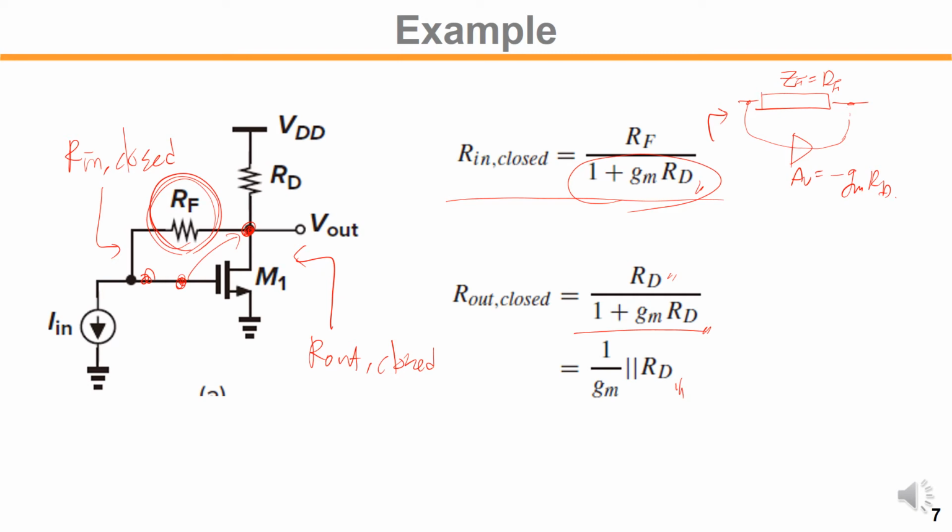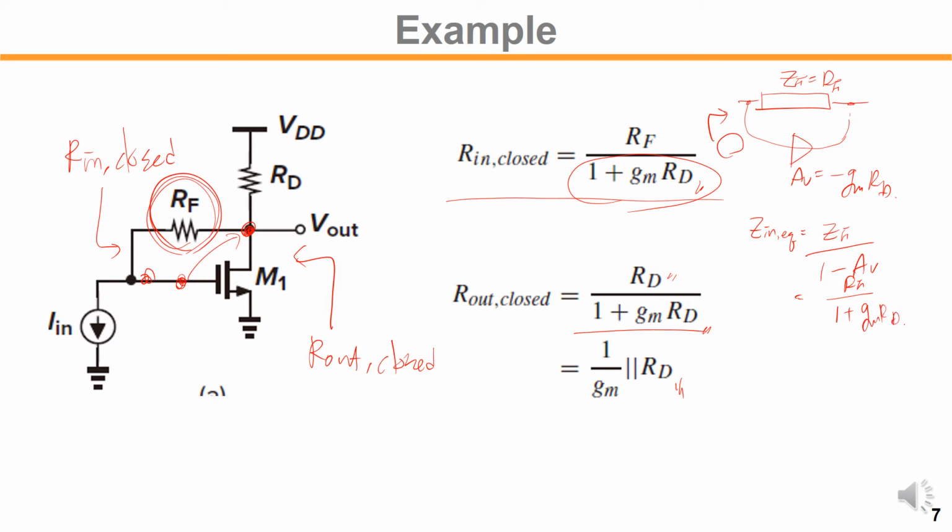For simple derivation, I'm just going to derive the first, the input closed loop response here. Overall G in equivalent is GF times 1 minus AV, right? So this would be RF over 1 plus GM RD.